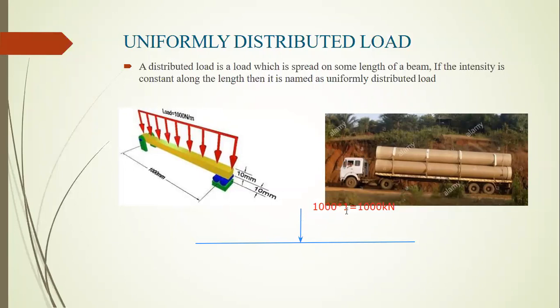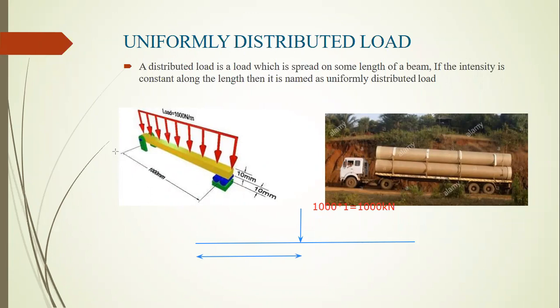Okay. If you convert the UDL into point load, in order to find the magnitude, you have to multiply the intensity with the distance over which it is acting. And in order to find the reaction, you also need to find the distance at which it is acting. It will always act at a distance equal to half of the distance over which it is acting.